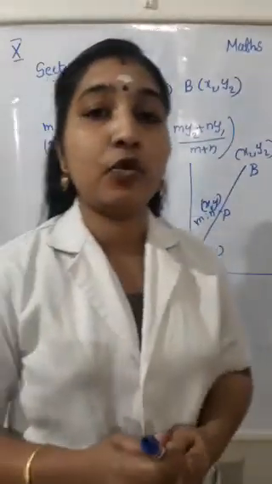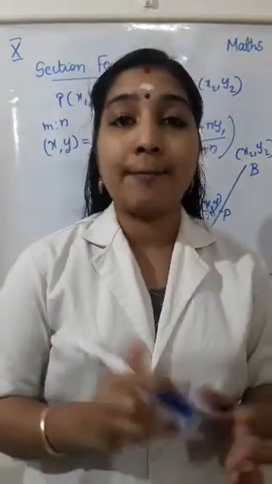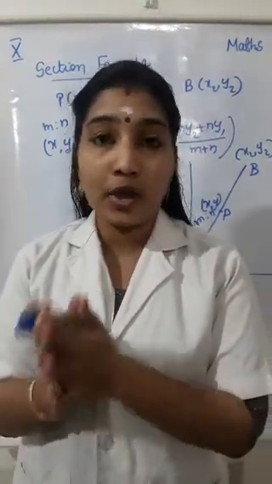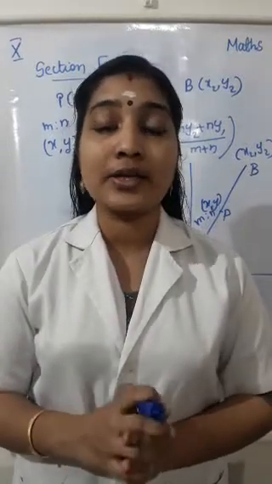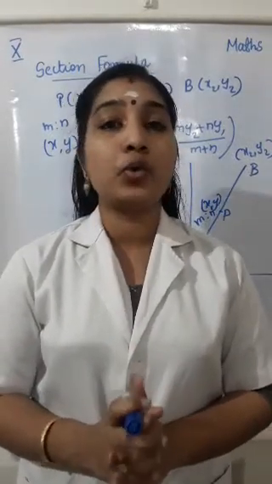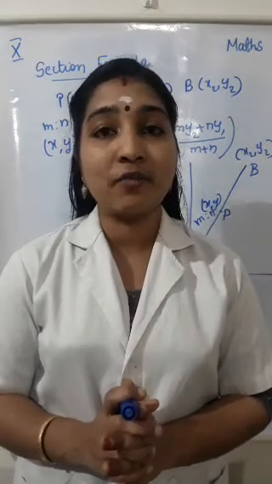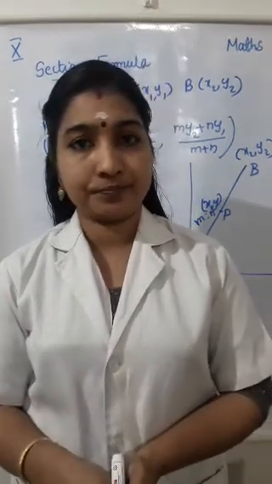This is the section formula. What is the section formula? If the ratio is m is to n, then (x, y) is equal to (mx2 plus nx1) by (m plus n), (my2 plus ny1) by (m plus n).